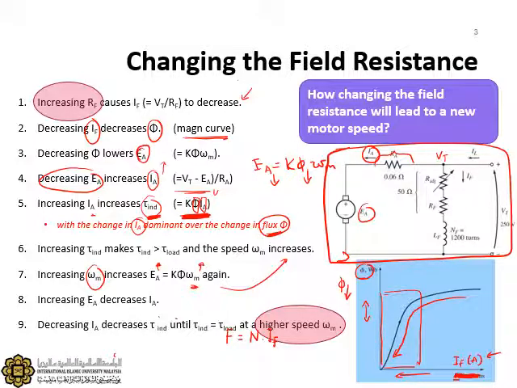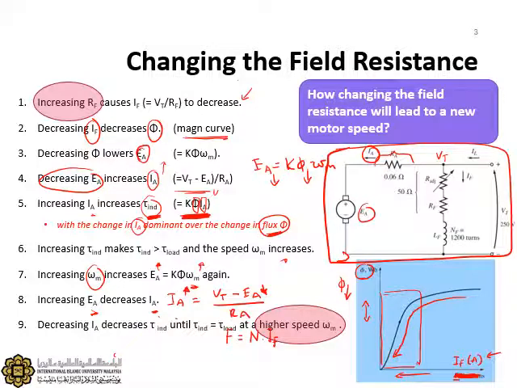Then number 8, the increase in EA will cause a decrease in IA, again because IA equals VT minus EA over RA.